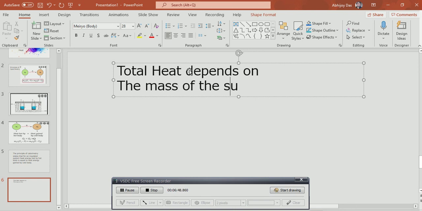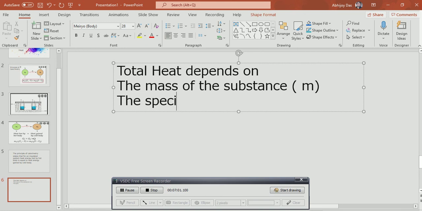So the mass of a substance, the specific heat of a substance, and the next important thing, the temperature of the substance.